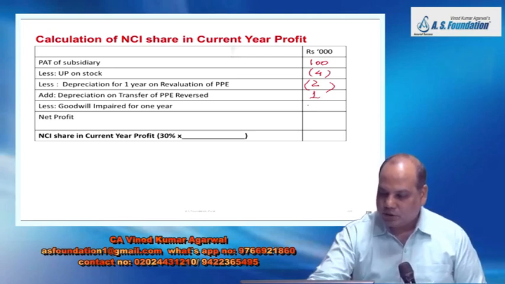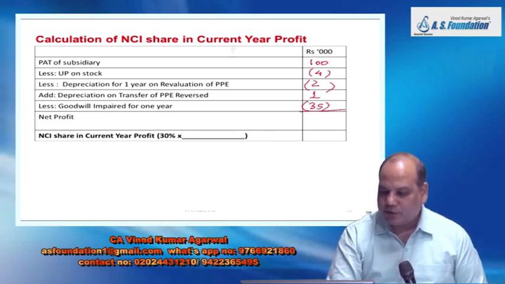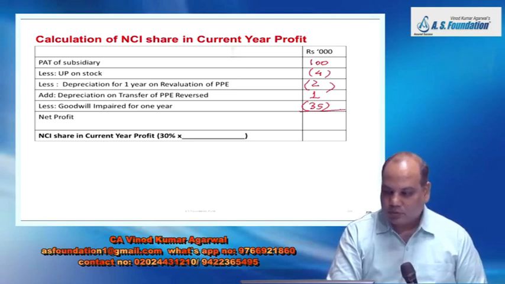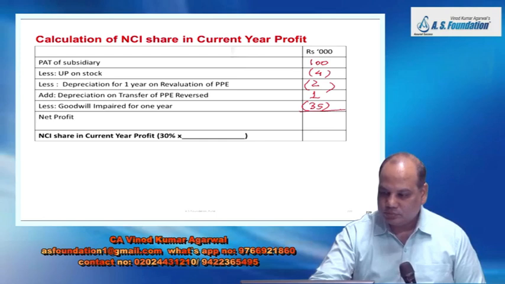Goodwill impaired for 1 year. 35. So net profit for computing NCI share. 60. Decide final. 30% of 60.